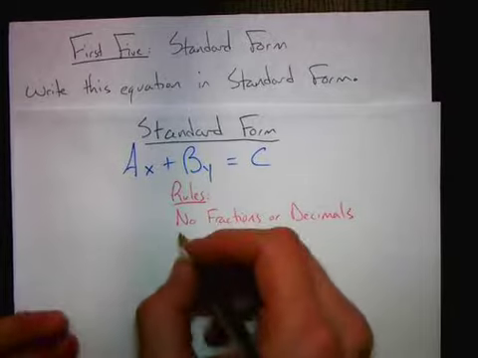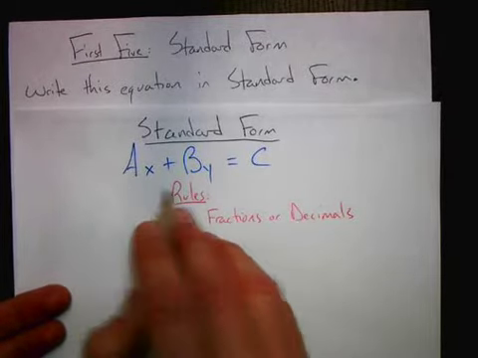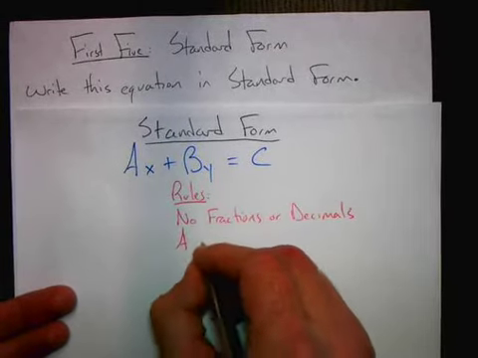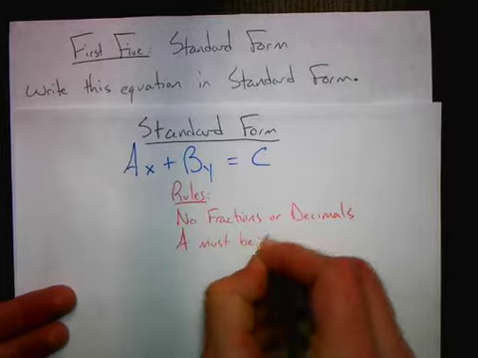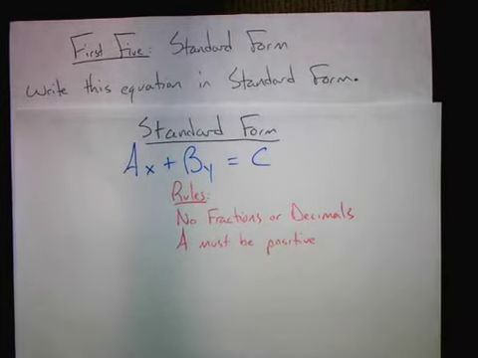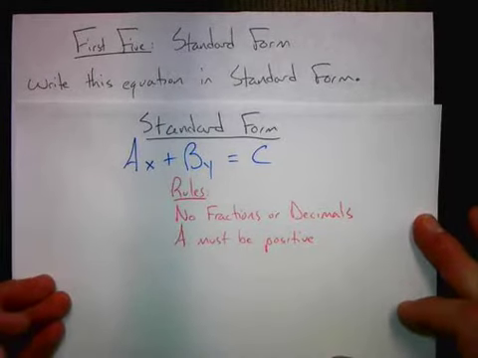The second rule is that the first coefficient, the coefficient for x, which we call capital A, must be positive. And this is a hotly debated rule for standard form. Some people say it doesn't matter if the A is positive or negative. Some people say the A has to be positive.